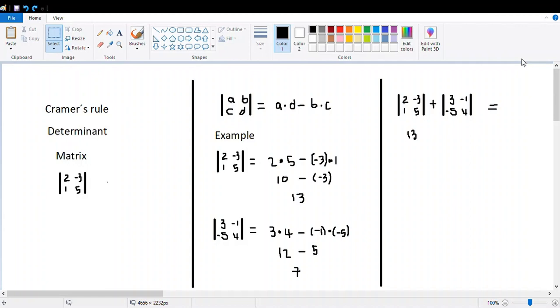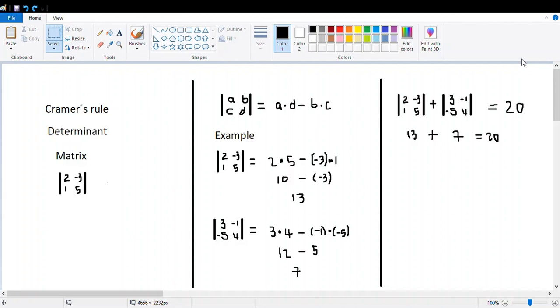That's the determinant, and for the second one, it's 7. Then 13 plus 7 is 20. Then the addition of the determinants of these two matrices is, of course, 20. Okay, this is pretty simple. This is the way that you can find the determinant of a matrix.